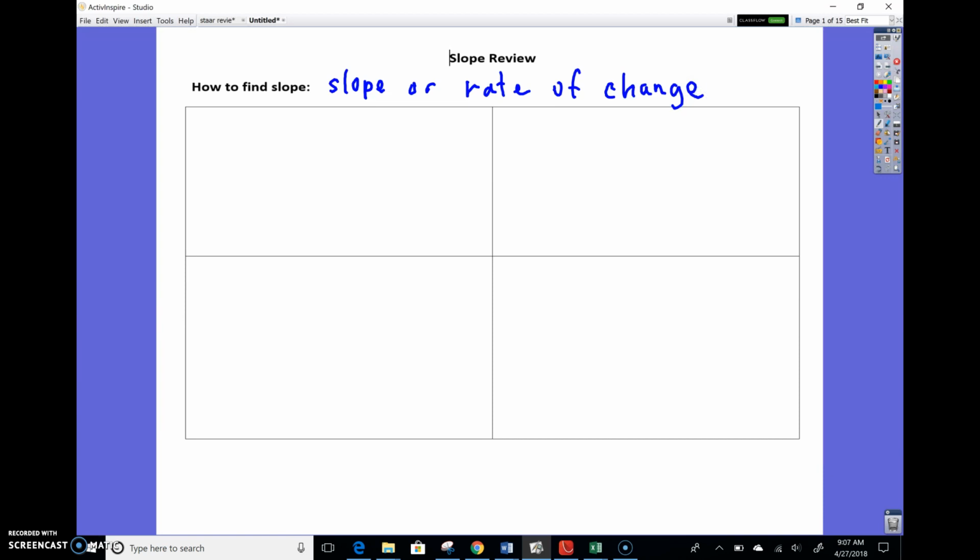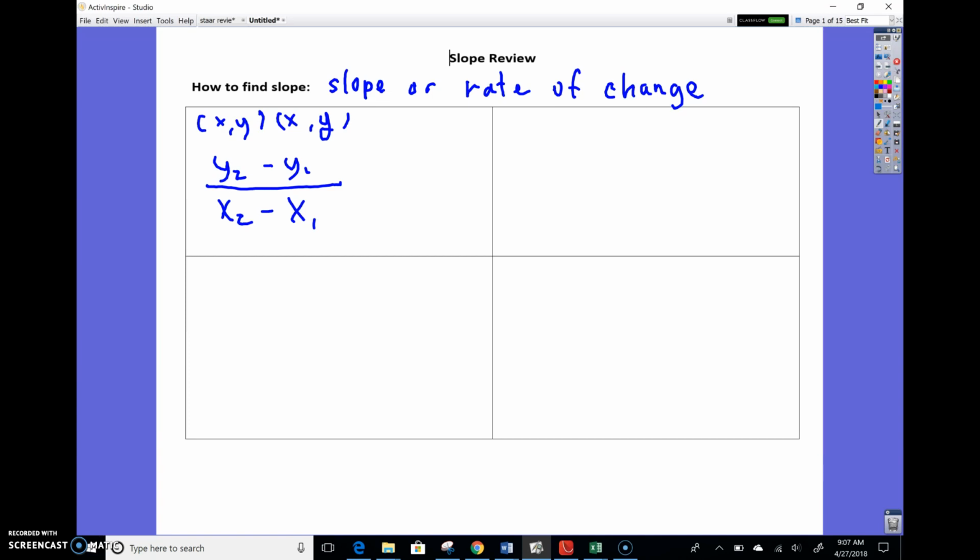You're going to see problems that give you points, that means x, y. For those, you're going to use the formula y2 minus y1 over x2 minus x1.